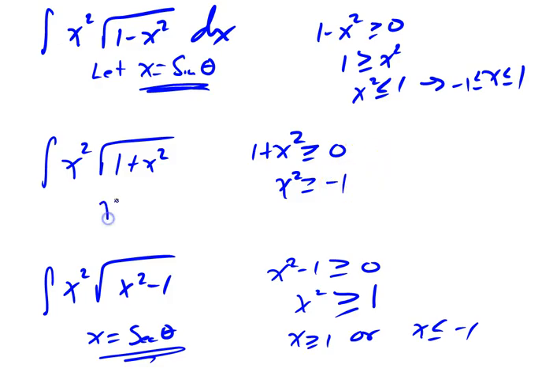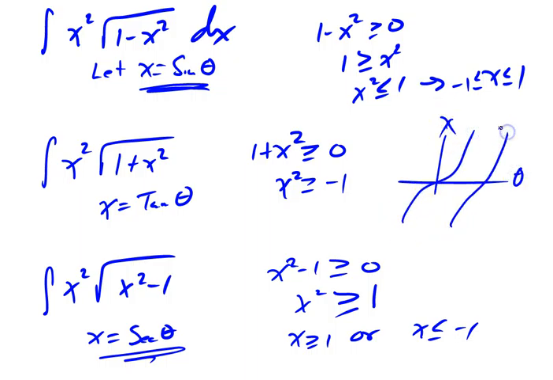And when I make that x equals tangent theta substitution, well, the graph of x versus theta here for tangent looks like this. X goes from minus infinity all the way up to plus infinity. There's no restriction by this substitution. So where it may seem like you're putting a severe restriction on it, probably the function has that restriction on it anyway.